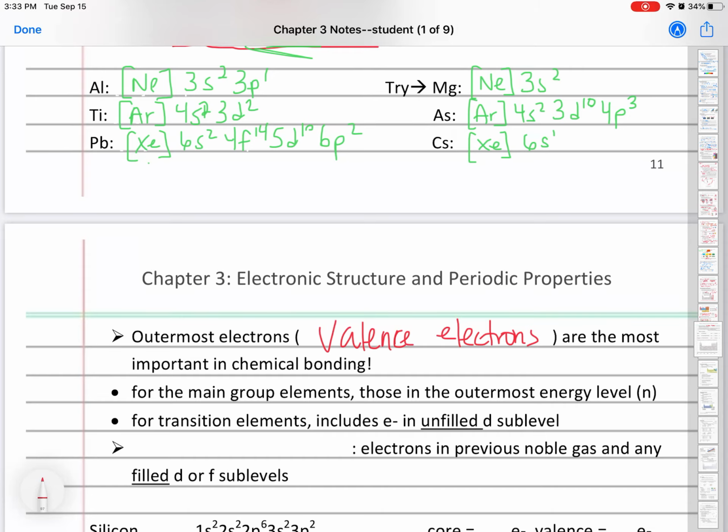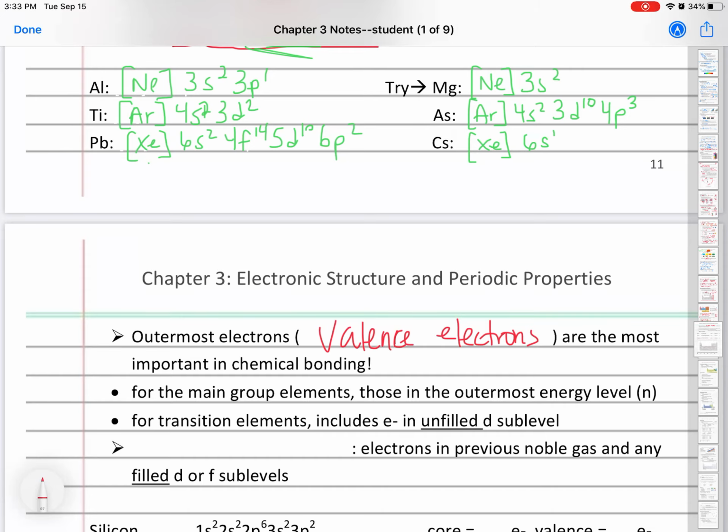Okay, so for the main group elements, it's super easy. Whichever electrons are in the outermost n level, with the highest n number, are going to be the valence electrons. For transition elements, it's a little tricky. It's any that are in the outermost energy level and any that are in unfilled d sublevels, right?